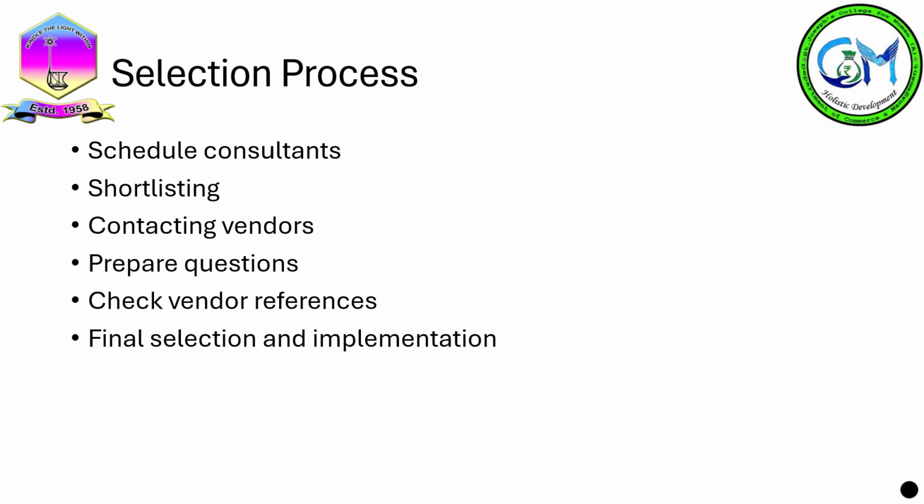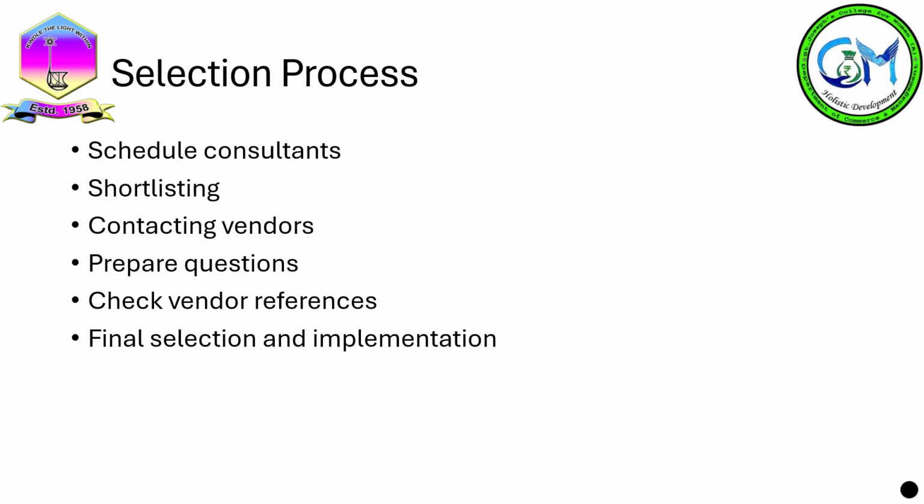The selection process for an ERP system is carried out in the following steps. Step 1. Schedule consultants. Phone consultation is arranged with both a sales representative and a product expert from as many different ERP vendors as possible. This discovery call provides better insight on the vendor and its solution than brochures and sales literature.